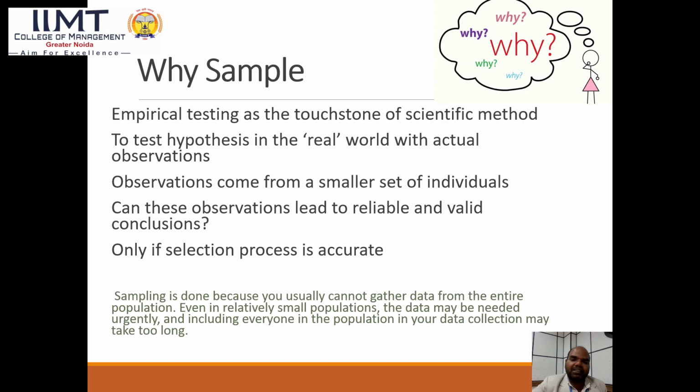Sampling is done because you usually cannot gather data from a full population. Even in a relatively small population, the data may be unreliable. So, a sample is necessary for research work.